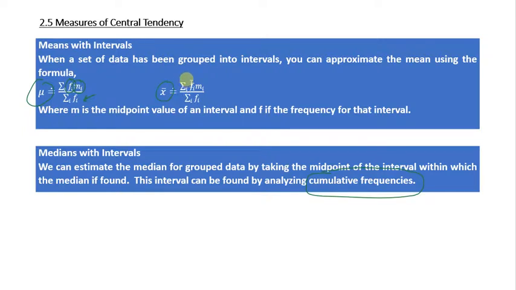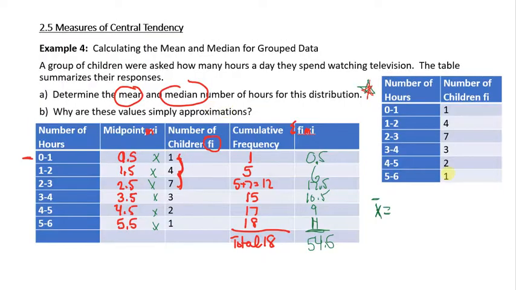What we want to do is use the sum of FiMi at the top and the sum of the frequency at the bottom. So FiMi is right here, 54.5, over the frequency.